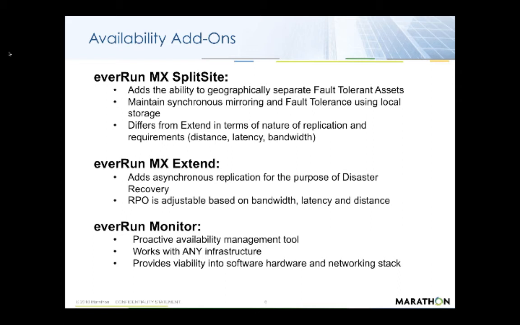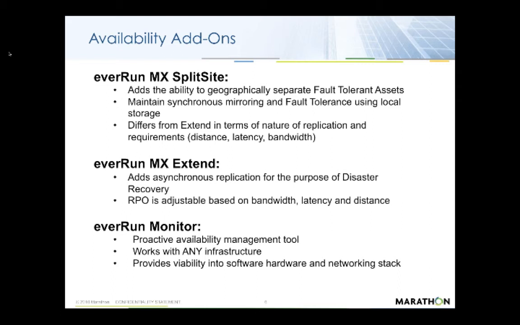And then ultimately, looking at Everrun Monitor as an availability add-on to either a split site implementation, an Extend implementation, a local configuration of MX or a local configuration of MX Express, adding proactive availability management, adding the ability to work in any infrastructure.